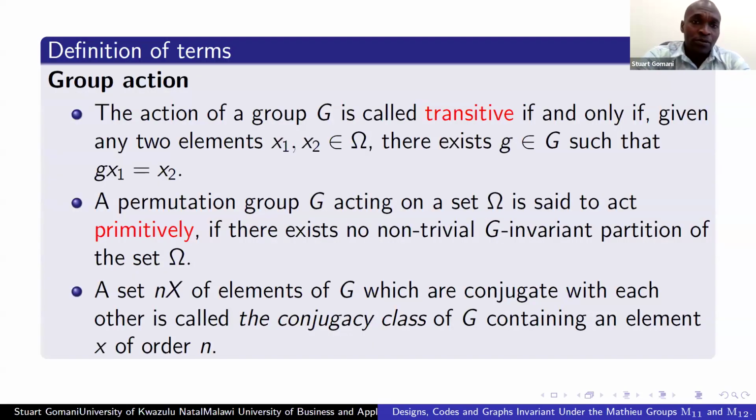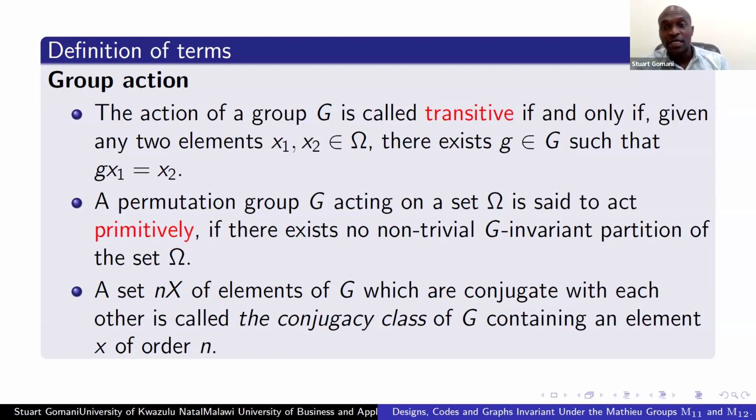The action of a group, which we are going to denote by G, on a set omega, is called transitive if and only if given any two elements of the set omega, you can find a permutation in the group that maps one element to the other.